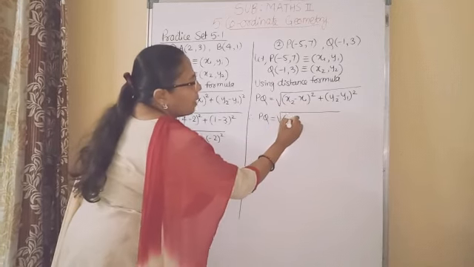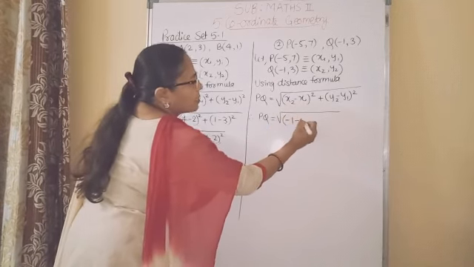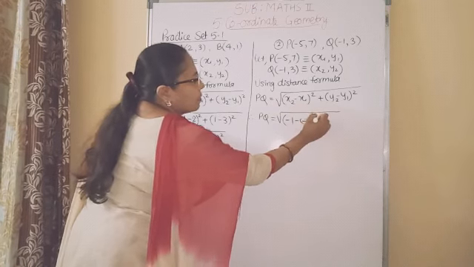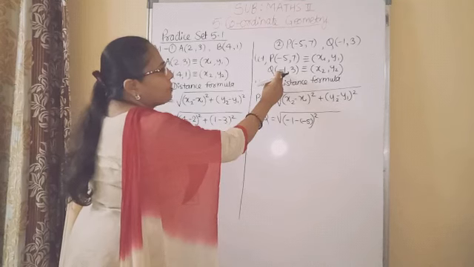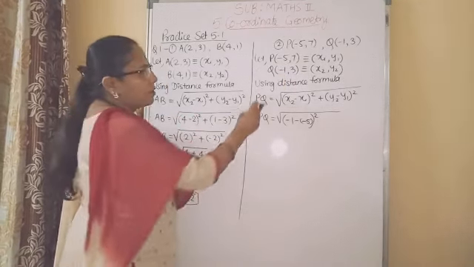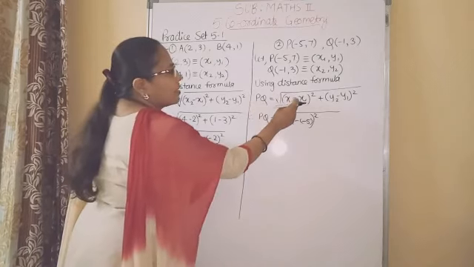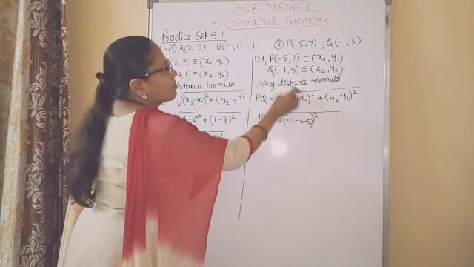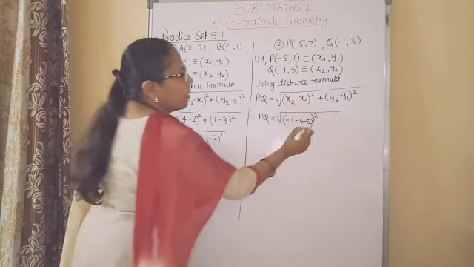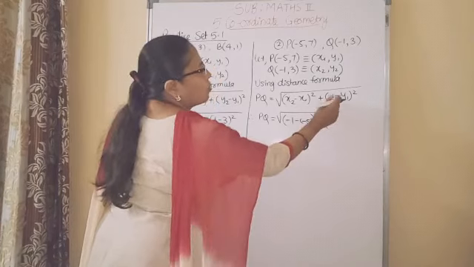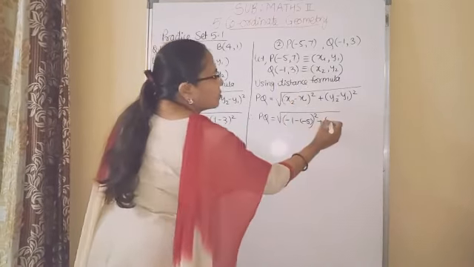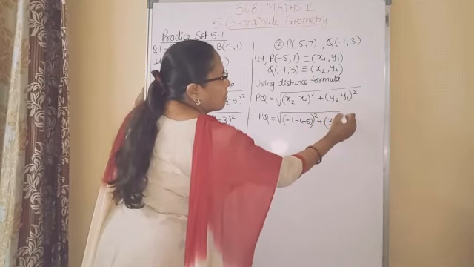So (minus 1 minus (minus 5)) whole square. So students, where negative coordinates are given, you should be careful. Minus 1, this minus sign, and x1 is equal to minus 5. So minus 5 I wrote in a bracket. Plus (y2 minus y1) square. y2 is 3, y1 is 7. So (3 minus 7) square.